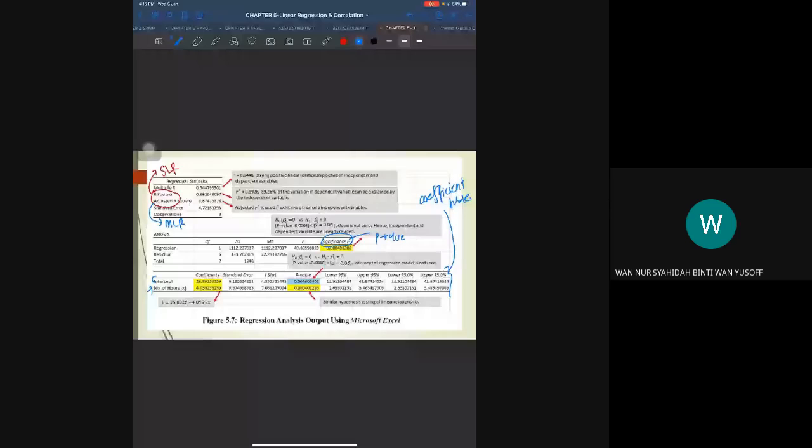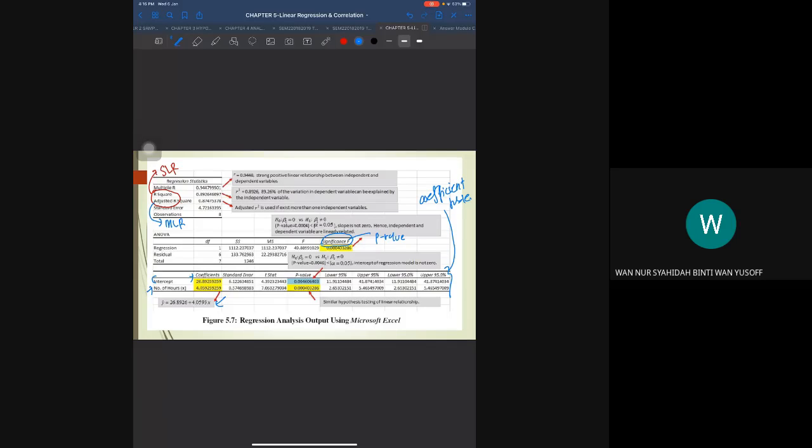So how do we distinguish whether this output is for simple linear or multiple linear? It is based on the number of variables after the intercept. If you have a single variable after the intercept, then it is simple linear. If you have more than one variable after the intercept, then we are dealing with multiple linear regression. So the coefficient here we use for the model here.